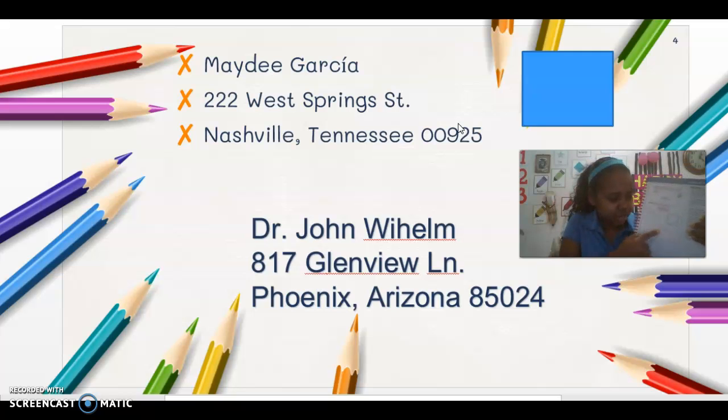Then, in the lines in the middle, you're going to write Dr. John Wilhelm, the person to whom you are writing the letter. Then you're going to write 817 Glenview LN., the street where the doctor lives. And then Phoenix, Arizona, the place where the doctor lives.